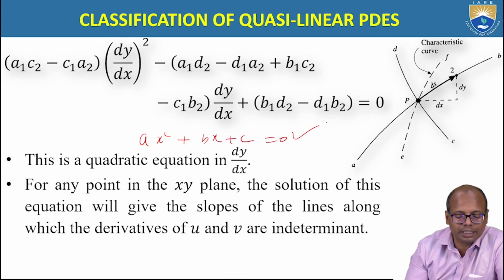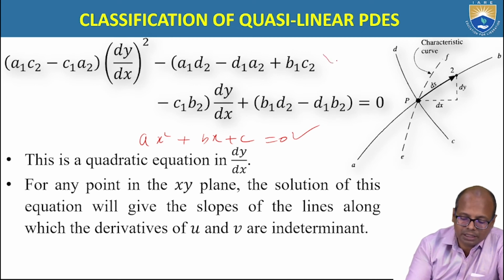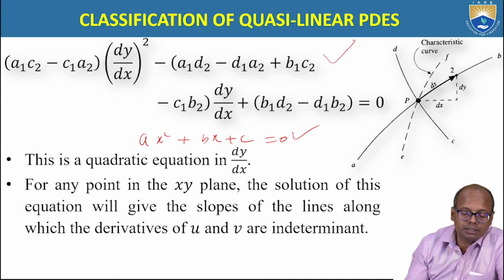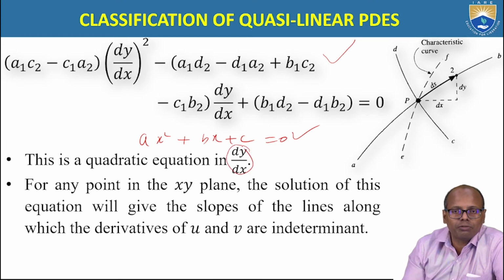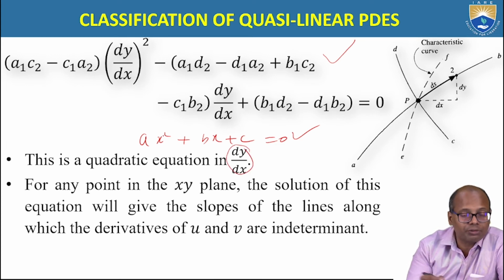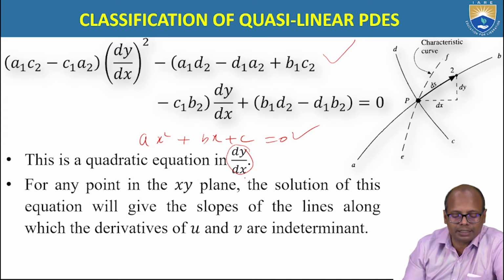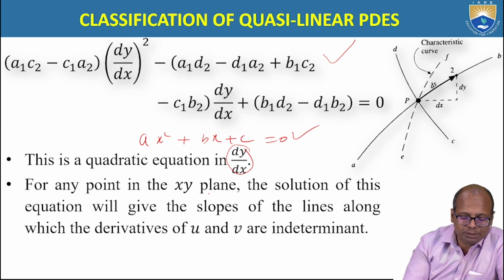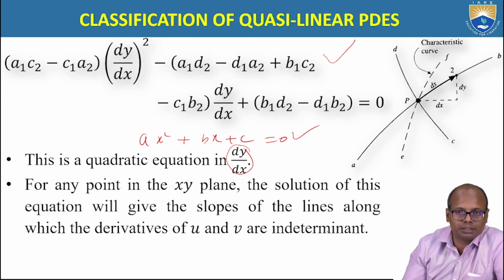So this is a quadratic equation. Similarly, this is a quadratic equation of dy/dx. For any point in space xy, the solution of this equation will give the slope of the lines along which the derivatives of u and v are determinate.